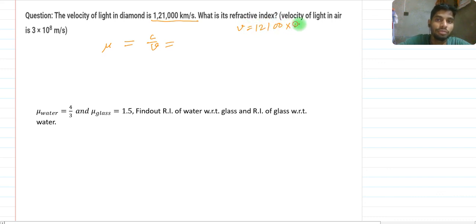We have to convert it to meters per second, times 10 to the power 3. So put 3 into 10 to the power 8 by v, 121,000 into 10 to the power 3. That means 3 into 3 squared by 121, meaning 300 by 121. You can calculate this one.